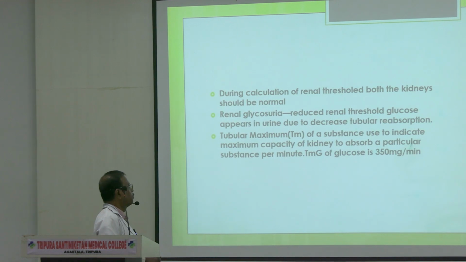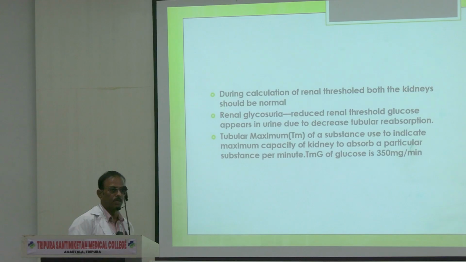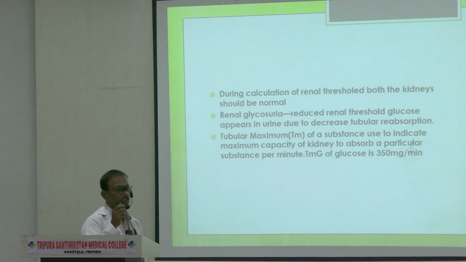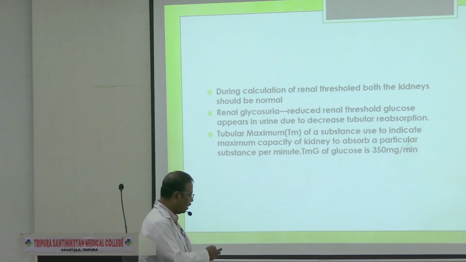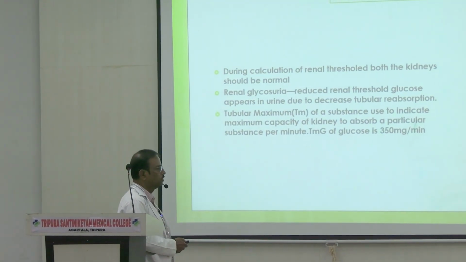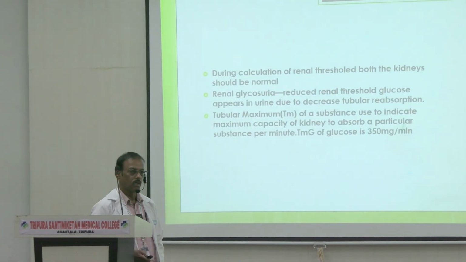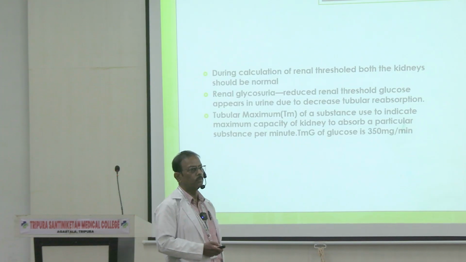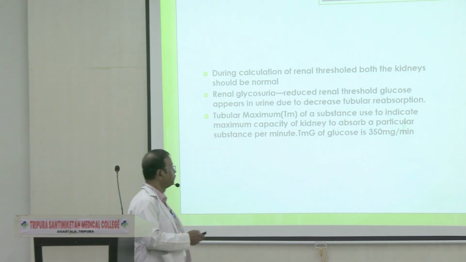Tubular maximum for glucose is 350 milligram per minute. In renal tubular disease, this tubular maximum goes down so that the glucose which is supposed to be absorbed from the renal tubule will be excreted in the urine.